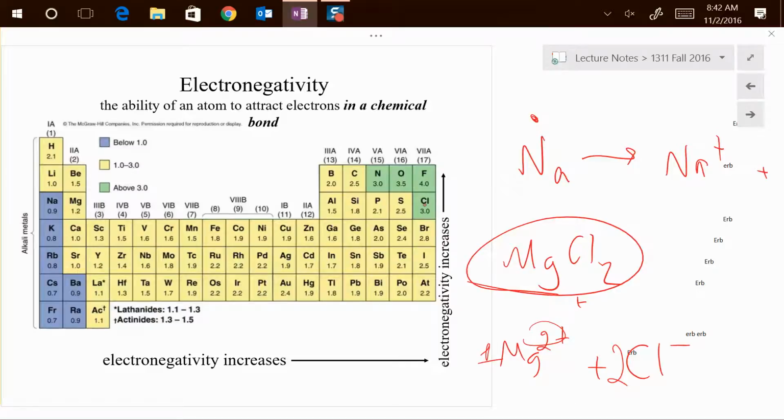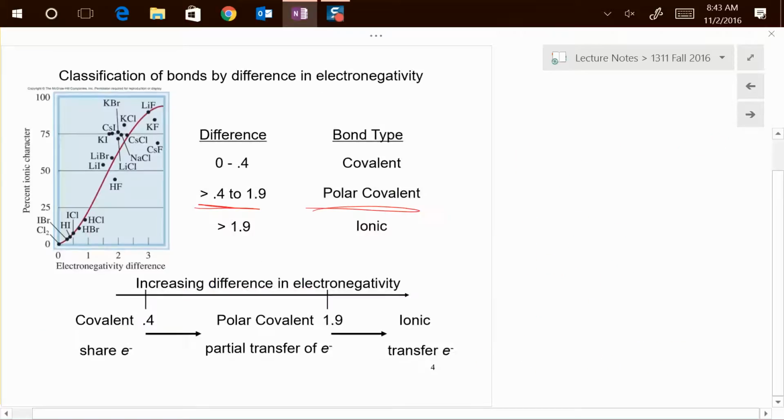What is the difference between them? 3.5 minus 3 is 0.5. So where does it fall? Right after the 0.4, right? So it's polar covalent. It's slightly polar covalent. Just a little bit, but it is.